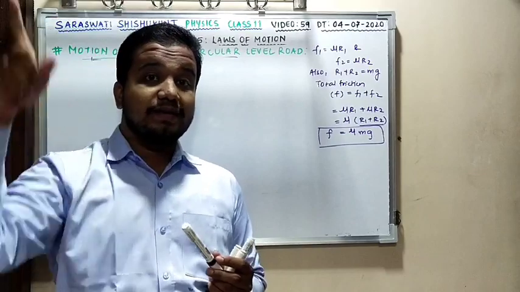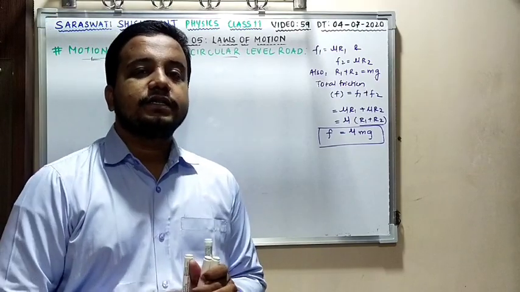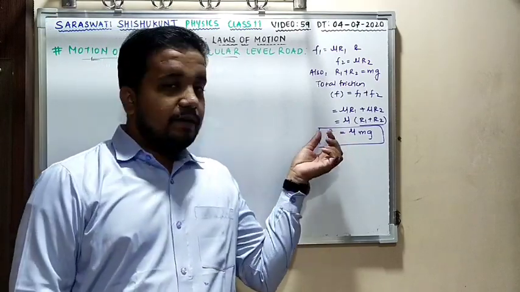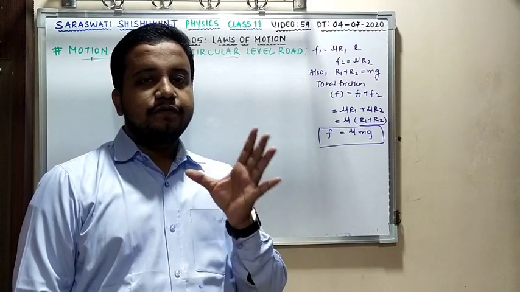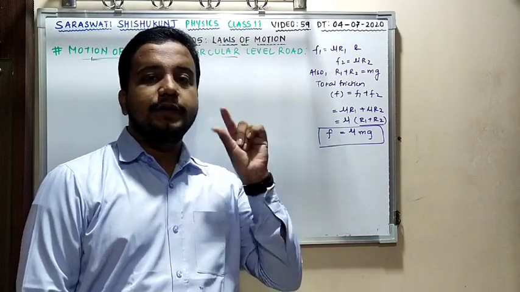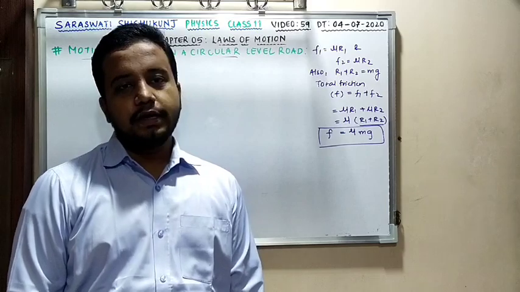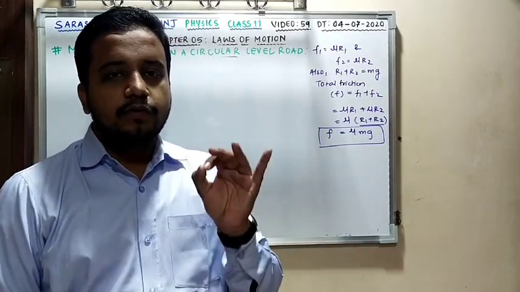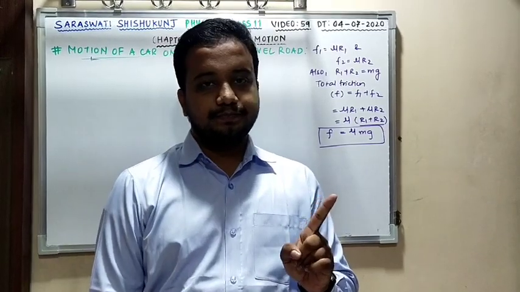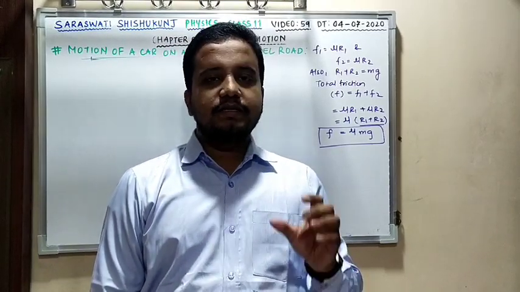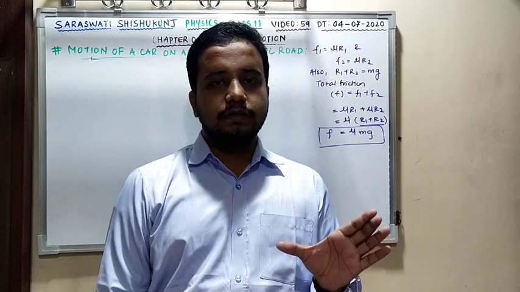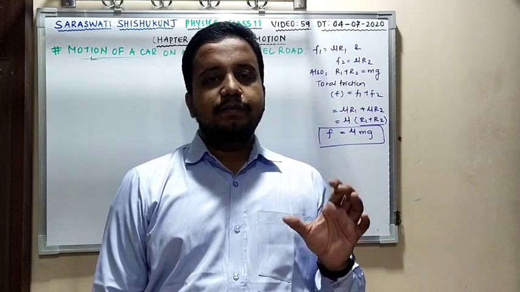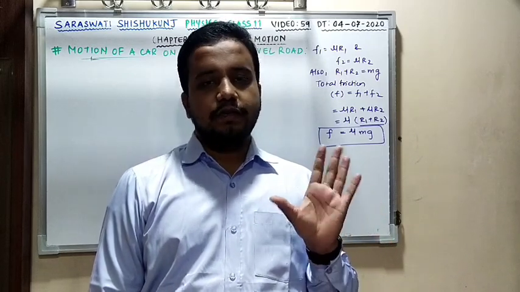Now again coming back to the condition. What is the condition? The necessary centripetal force is provided by the frictional force between the tires and the road. Clear? So in order to move on a curved road, remember one thing: the necessary centripetal force must be less than or equal to the frictional force.